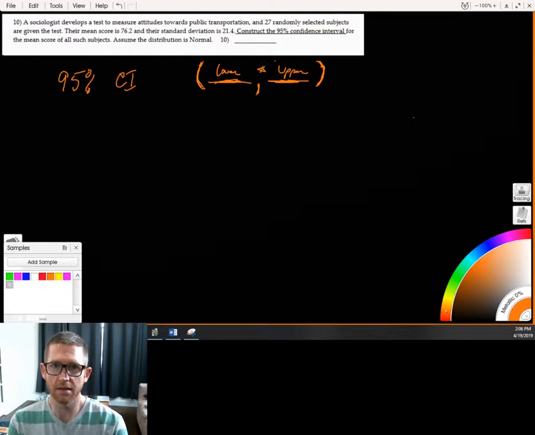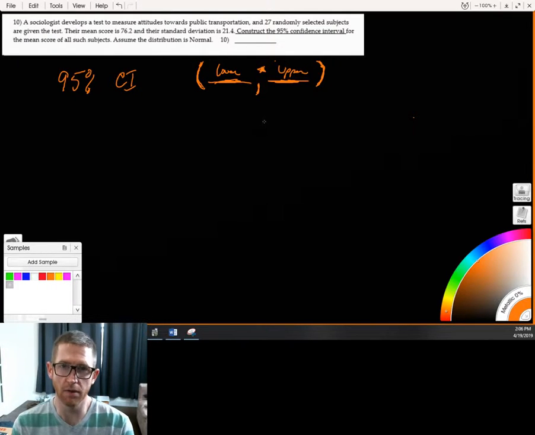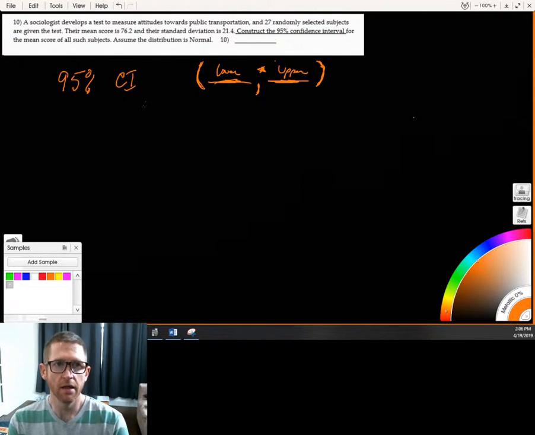And the number that's right in the middle of these two would be the mean of your sample. And then you subtract a specific margin of error and you add another specific margin of error to give you your interval. And it's all based on how accurate you want to be.